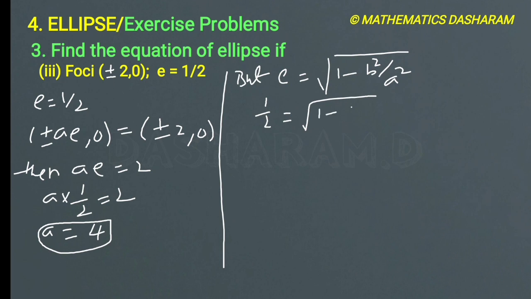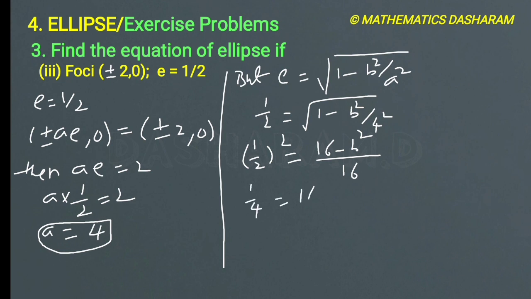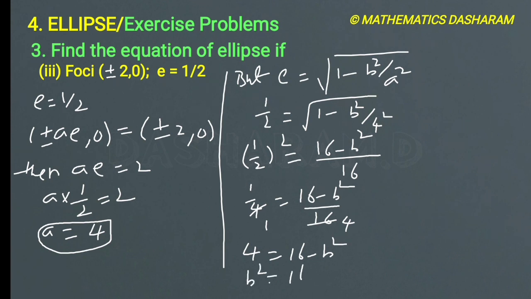Under root 1 minus b square divided by a value 4 square. Then 1 by 2 whole square equals 4 square 16. 16 minus b square. So 1 by 4 equals 16 minus b square divided by 16. 4 ones are 4, 4 fours are 16, so 4 equals 16 minus b square. So then b square equals 16 minus 4. It implies b equals under root 12.